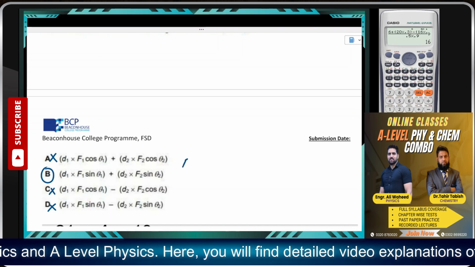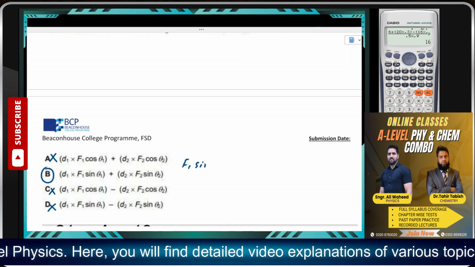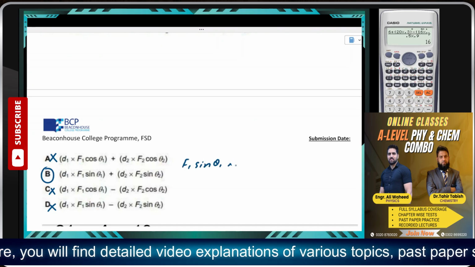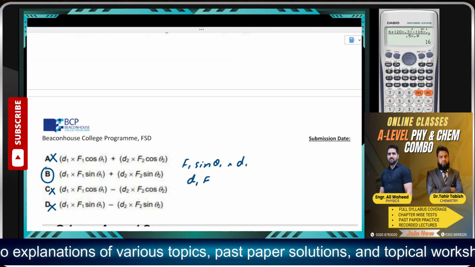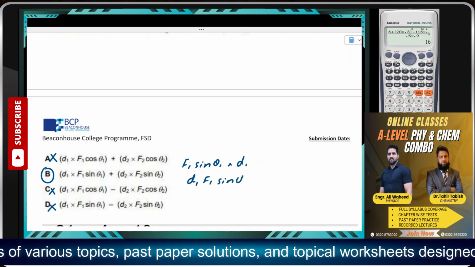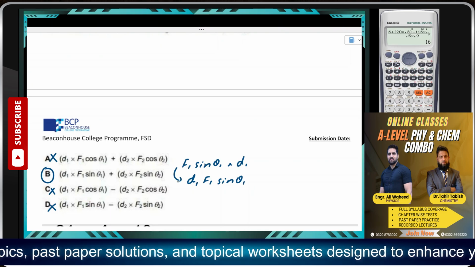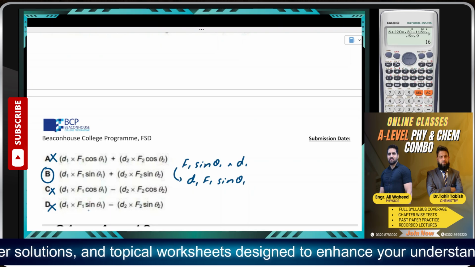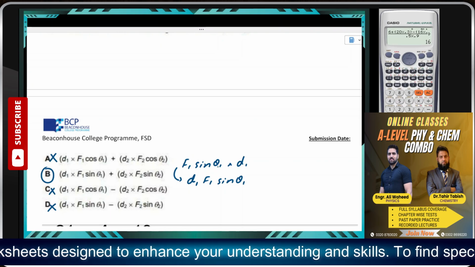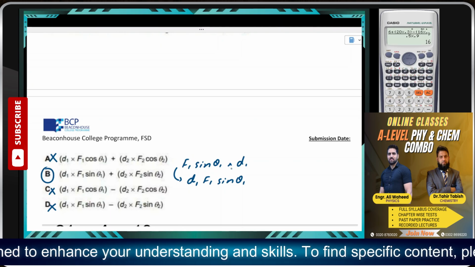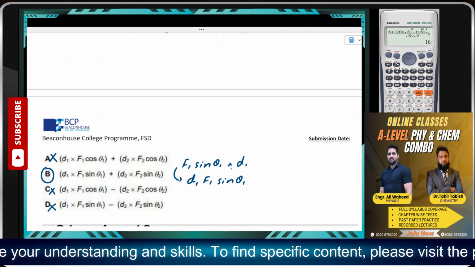Instead of writing F1 sine theta 1 then d1, they have written it this way: d1 F1 sine theta 1. It's exactly the same thing. The three quantities F1, sine theta 1, and d1 are being multiplied.